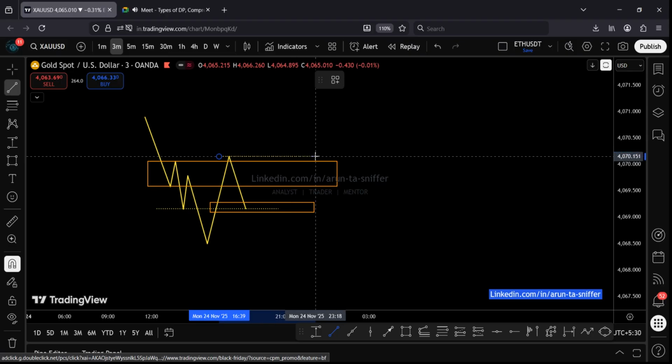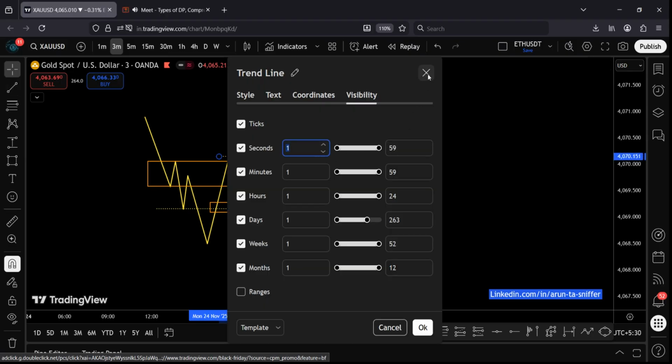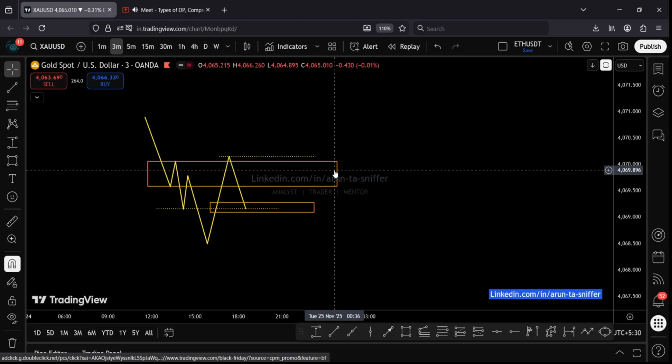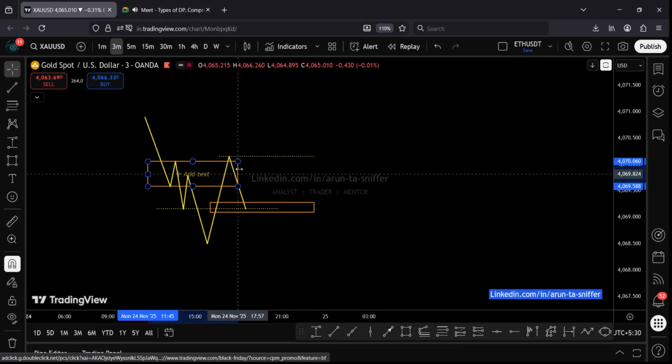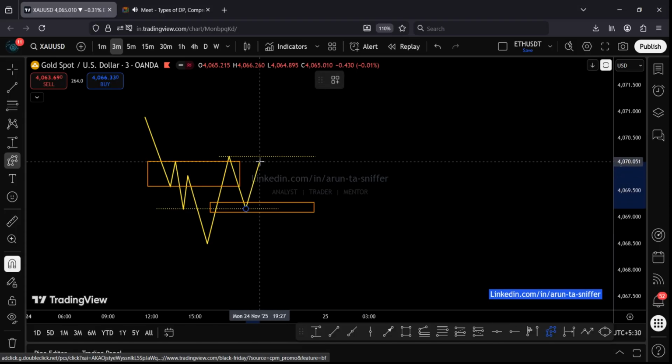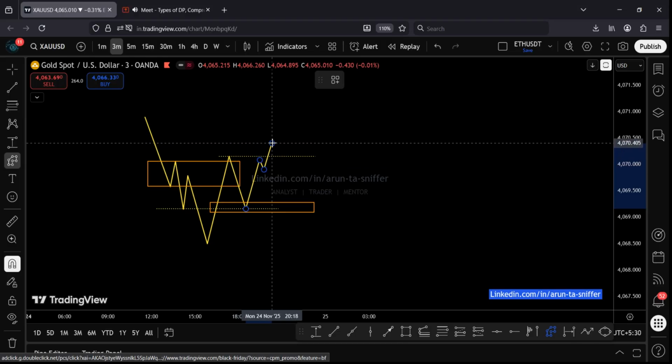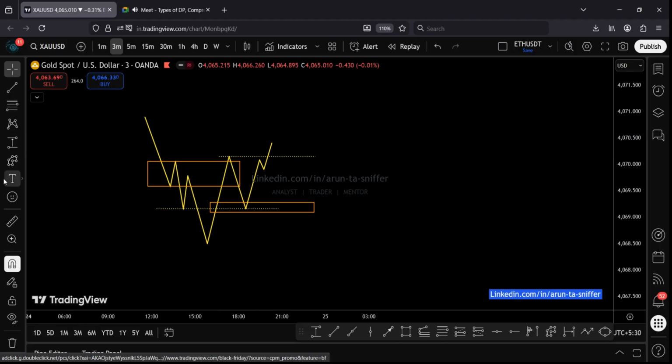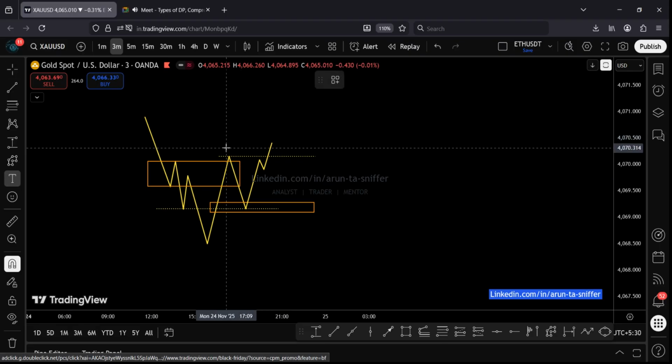So what happens, price will go up till here, pull back a bit, and then break this high, okay.